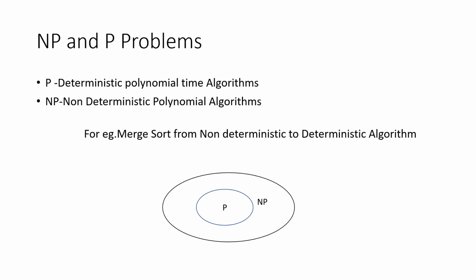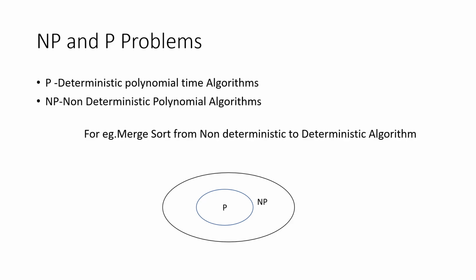So as I told, we can convert our exponential algorithms to polynomial algorithms in two ways. One is by writing non-deterministic and deterministic algorithms. The need for writing non-deterministic algorithms is that they give abstract details of your methods, which are assumed to run in polynomial time.